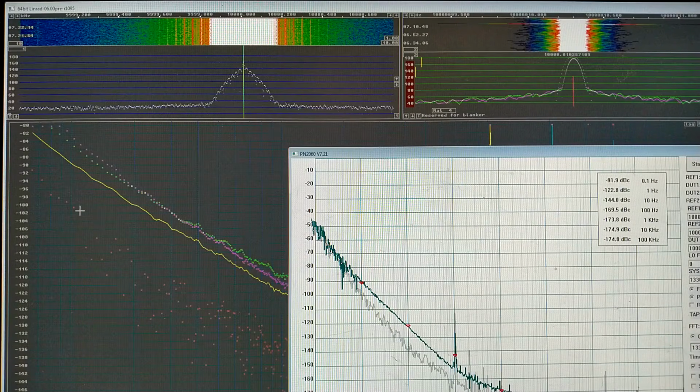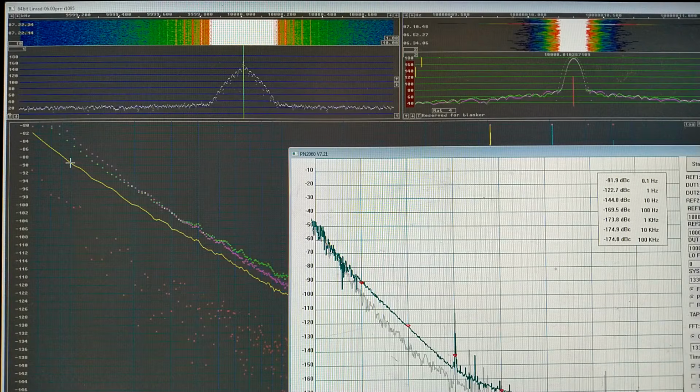There are interesting things. At 0.1 Hz I see minus 90, but well, this was very different not long ago, with the green trace very close to the yellow trace.